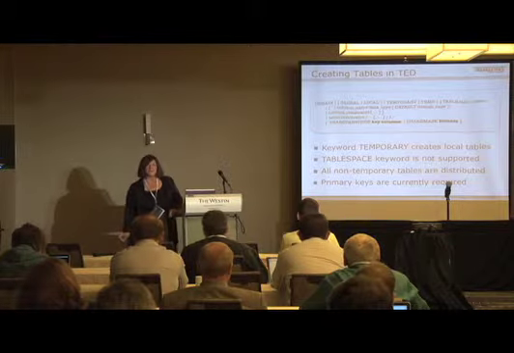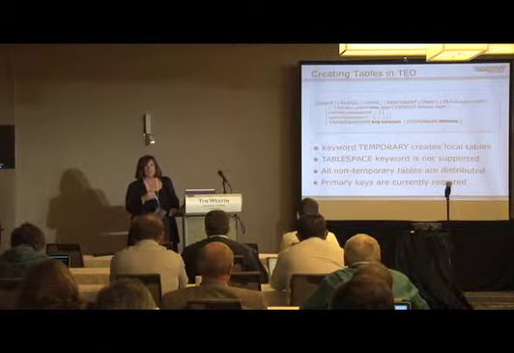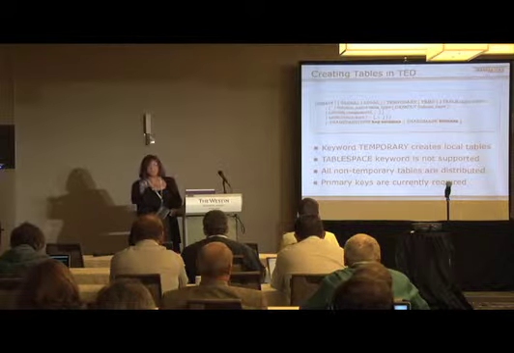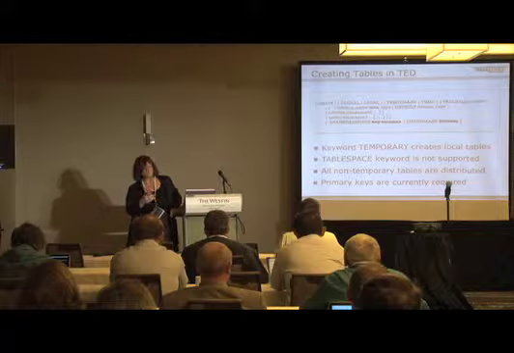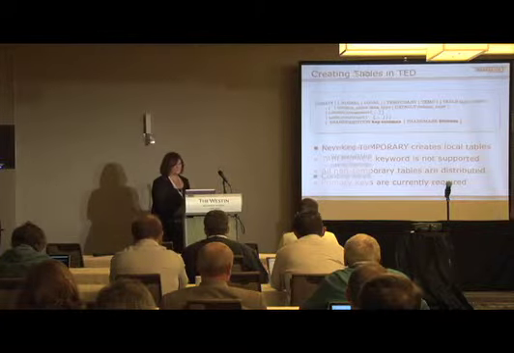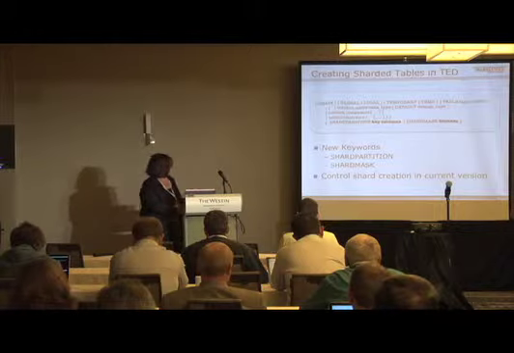Yes. Even if it's not sharded, the system creates one shard that contains every row in that table, and it's distributed across the cluster according to your policy. Okay, we talked about that.